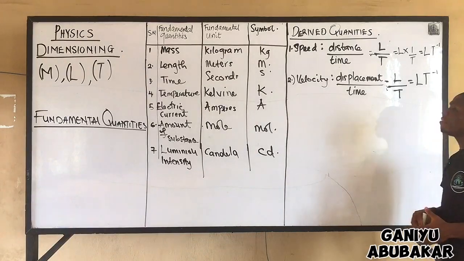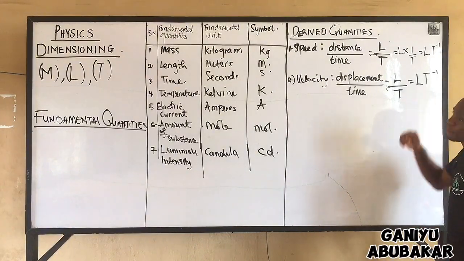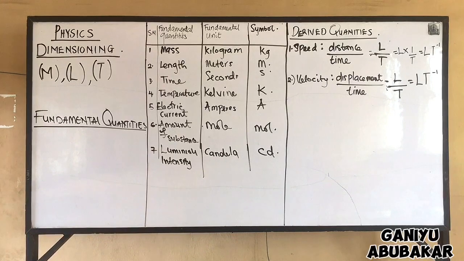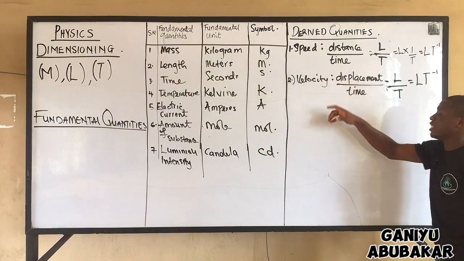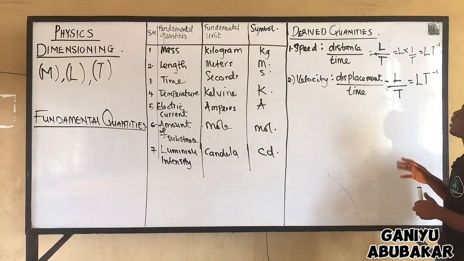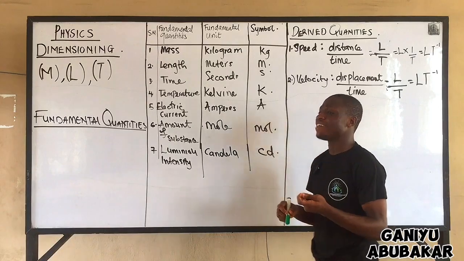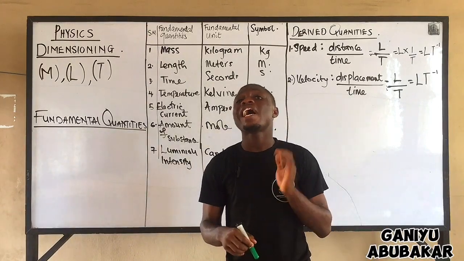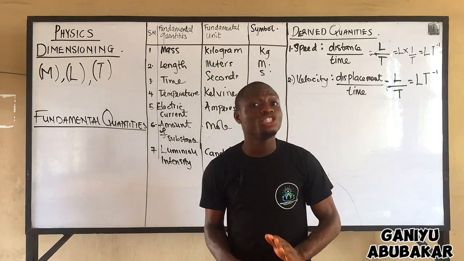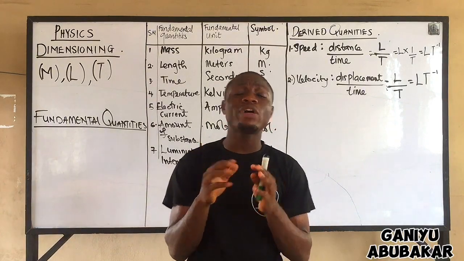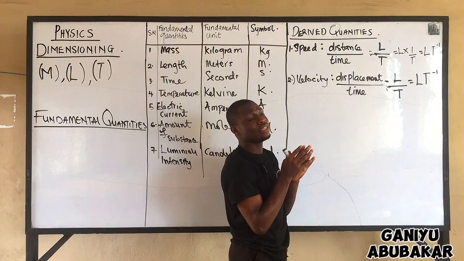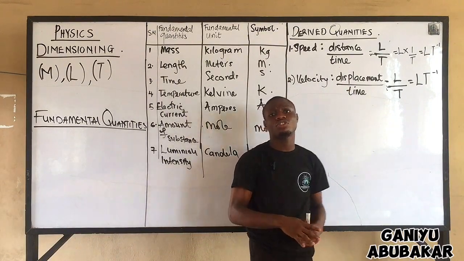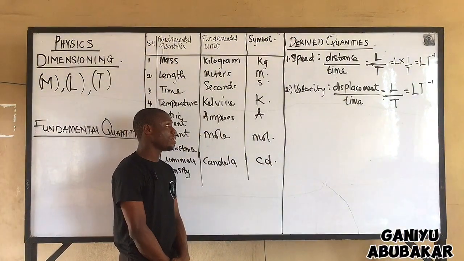So observe that the dimension for speed and velocity are the same thing. So in this case, you see that speed and velocity are dimensionally homogeneous. One dimension for both parameters, they are the same thing. All right, let's take example 3.